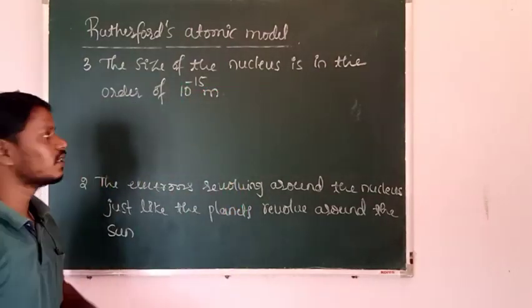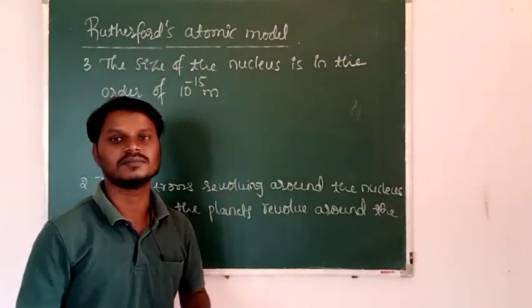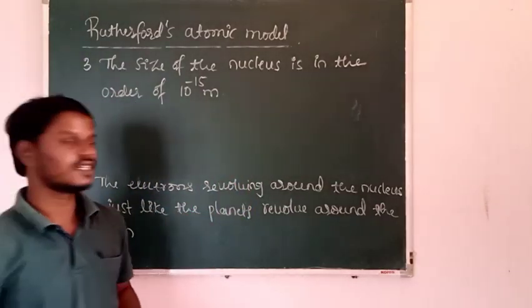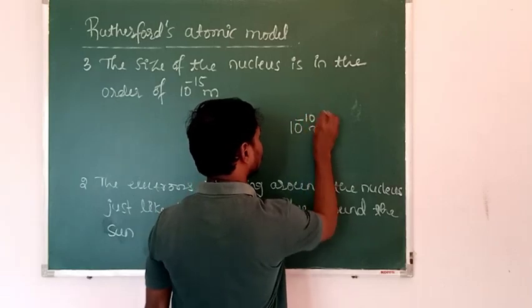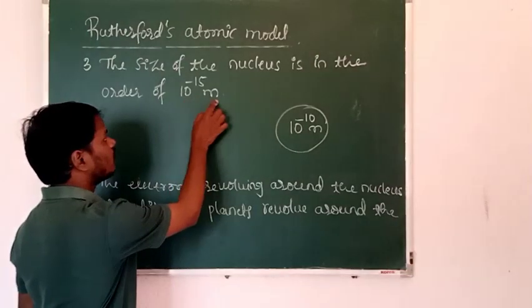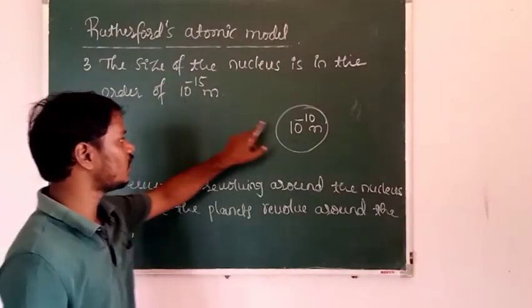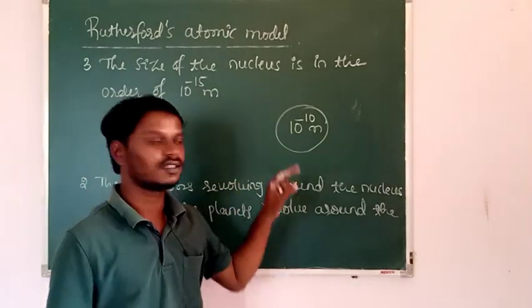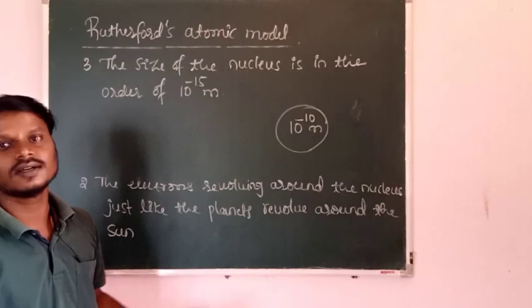This means the size of the nucleus is very small compared to the size of the atom, because the size of the atom is in the order of 10 raised to minus 10 meter. This is the size of the atom, but the size of the nucleus is in the order of 10 raised to minus 15 meter. Among 10 raised to minus 15 meter and 10 raised to minus 10 meter, 10 raised to minus 10 meter is greater.